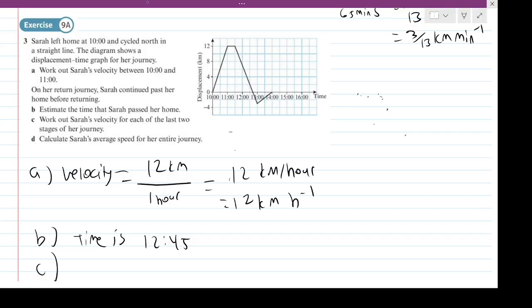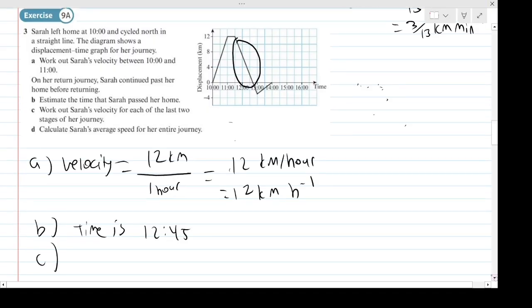So firstly let's deal with this line here, what we call the penultimate, or the second to last part of the journey. So for the penultimate part, the velocity is again going to be changing displacement over changing time, or changing y over changing x. It depends how you see it.